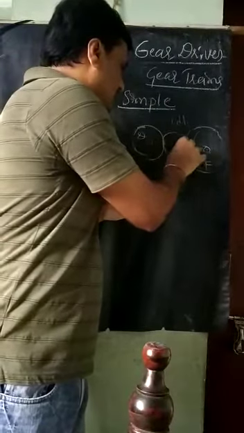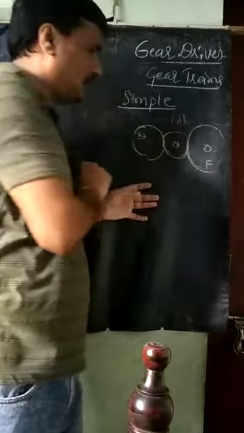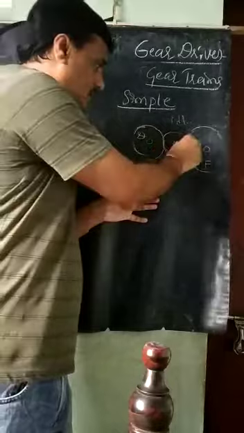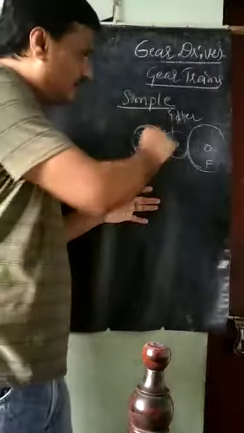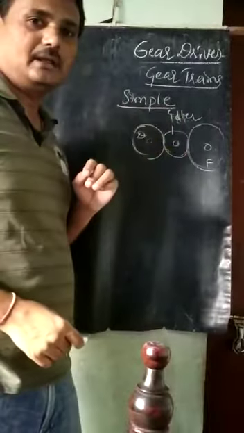Then this gear is called the idler gear, and this is called the simple gear train.